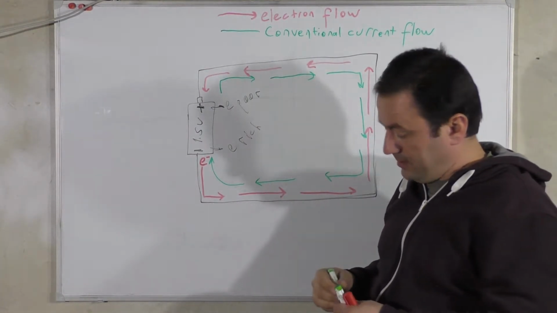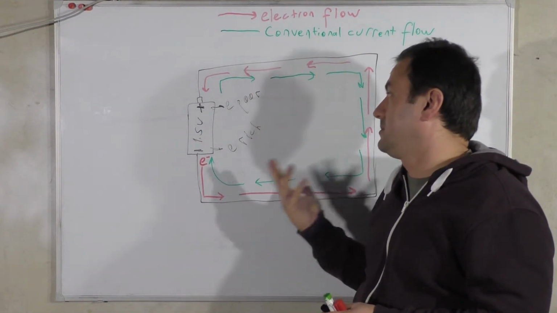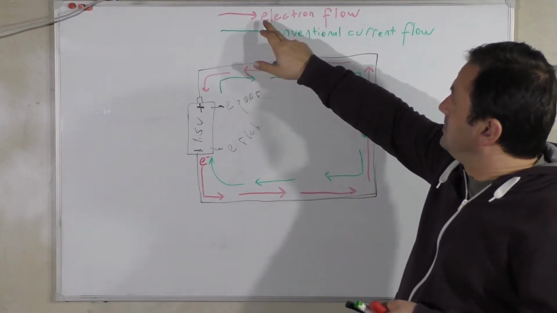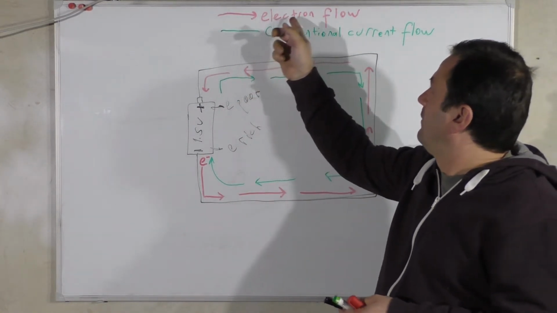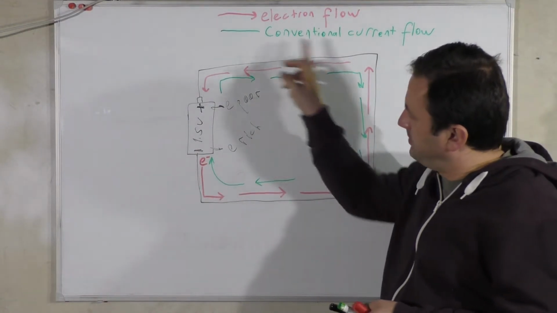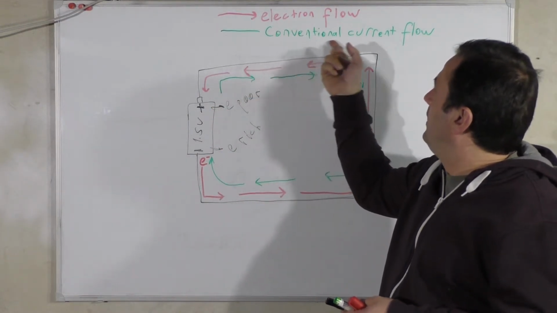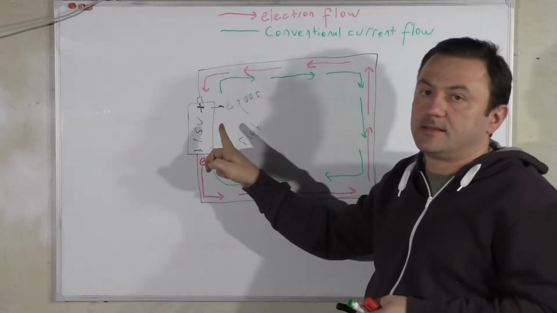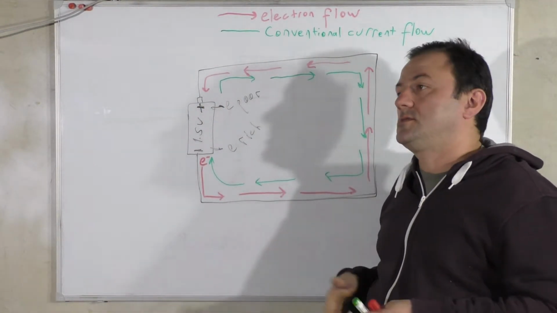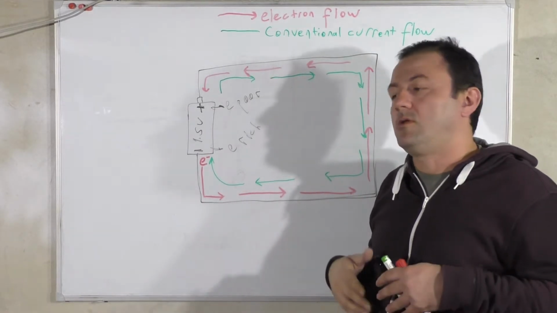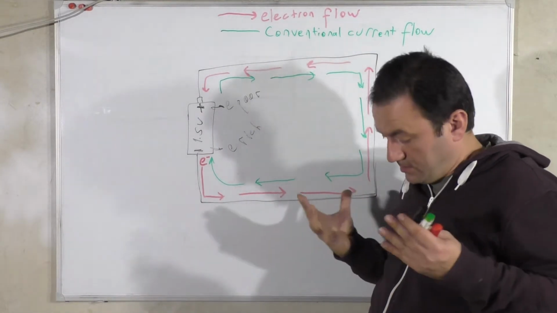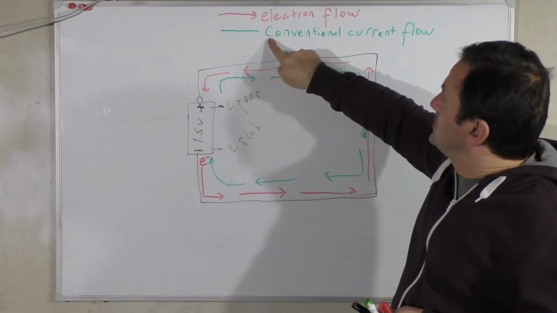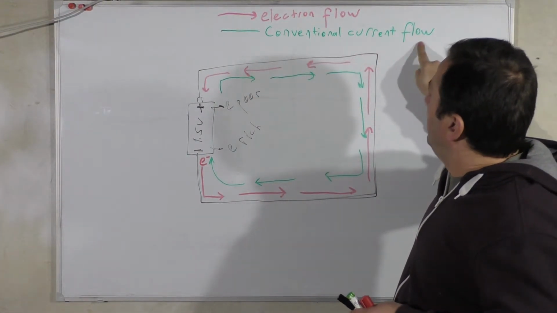But for calculations we think differently. Real electrons flow from minus to plus, but conventional current flows from positive to negative. In all calculations, symbols and current diagrams, you must use conventional current flow.